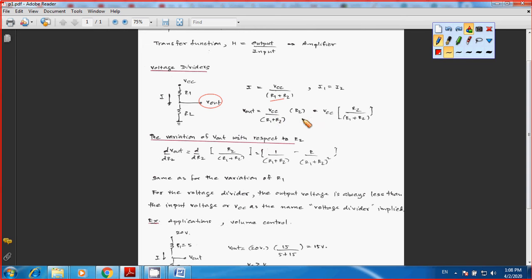So your V out ends up with VCC, the input or supply voltage, multiplied by R2 divided by R1 plus R2.